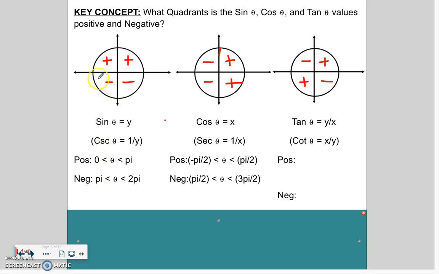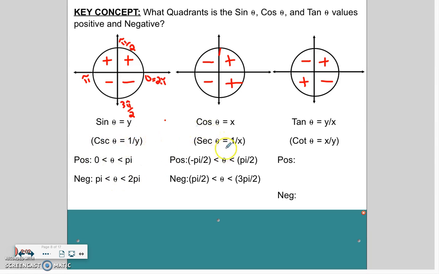And then it's negative from the bottom part. So when this is pi, and this is 0, and this is 3 pi over 2, or 270 degrees, and this is pi over 2, between pi and 2 pi is when it's going to be negative.